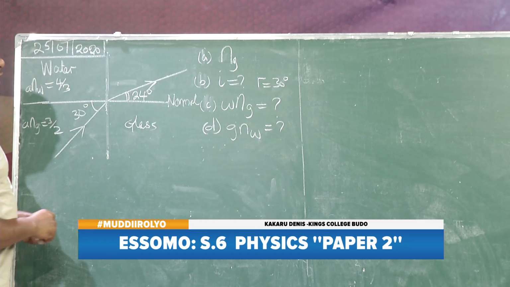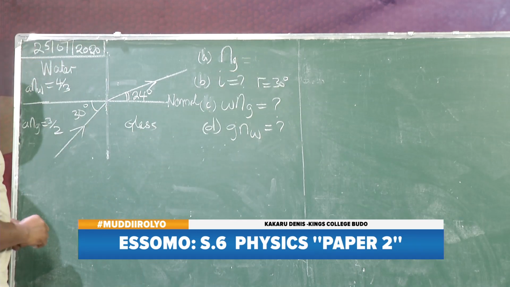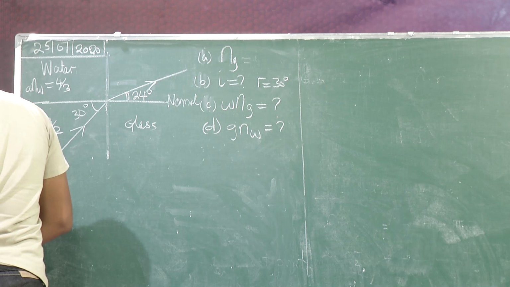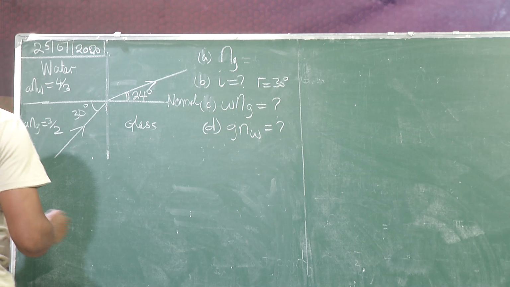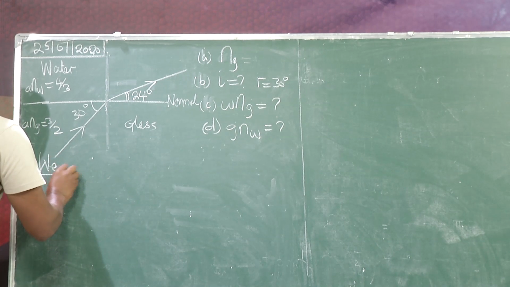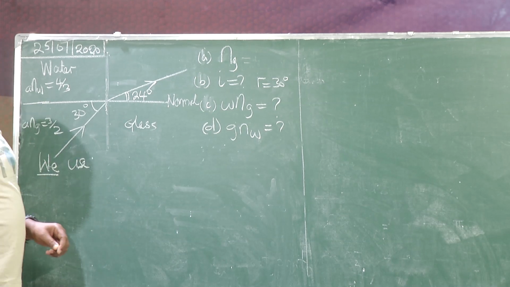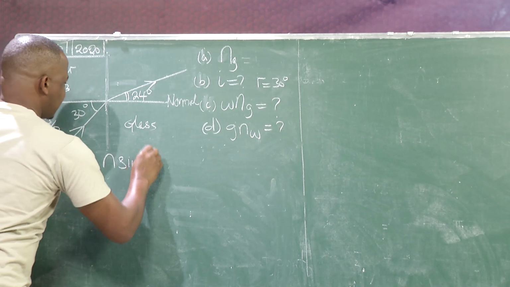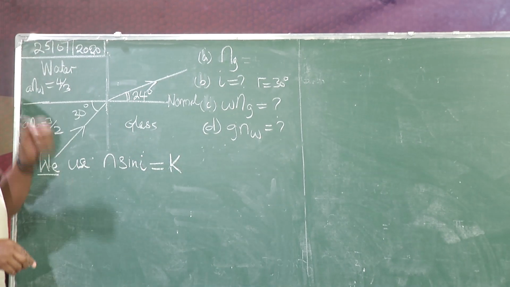The question required us, in a summarized way, to find the refractive index of glass, to find the absolute refractive index of glass. That's why I've written it like that. So we shall use, I want to remind you that we derived our expression of n sine I is a constant, where my k represents a constant.